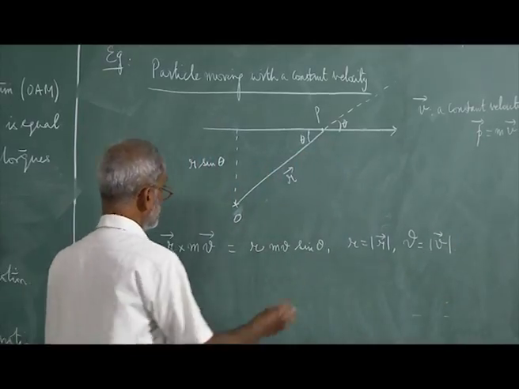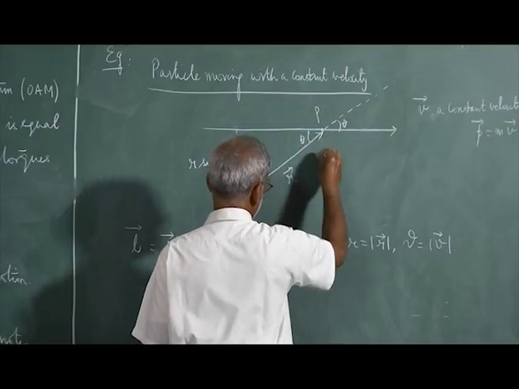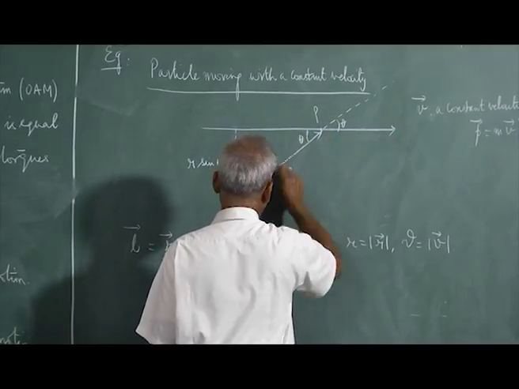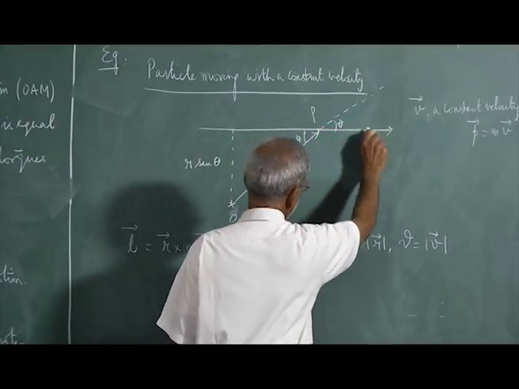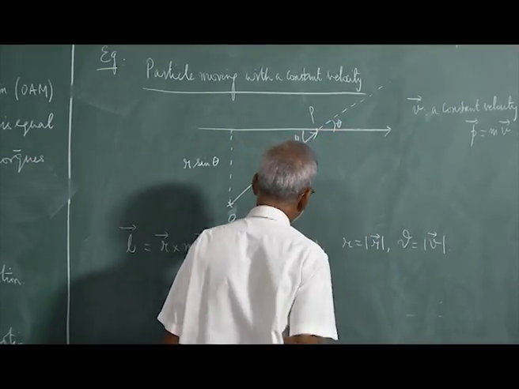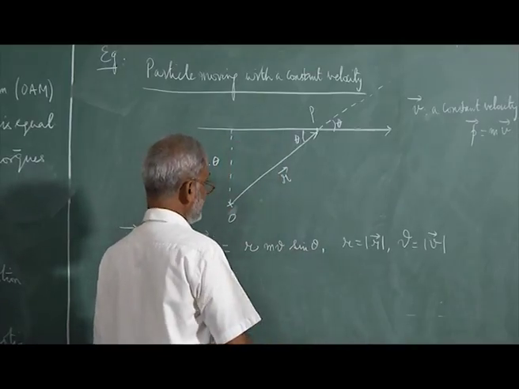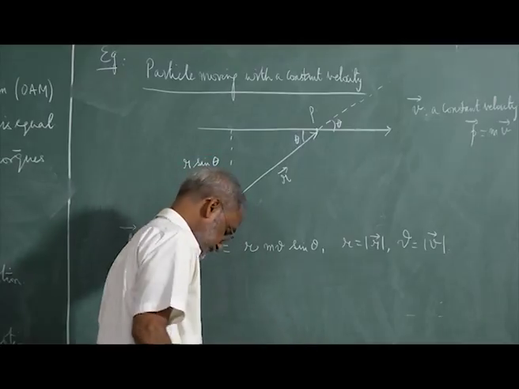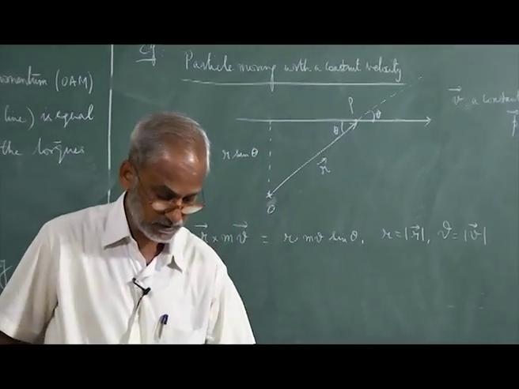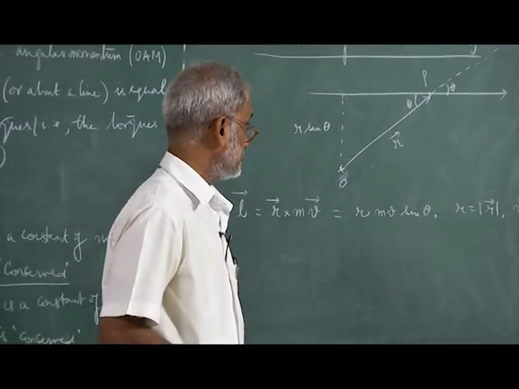What is its direction, sir? This is the direction of the position vector, and momentum is along this. Therefore, when I take the right hand thumb rule, I will look into the smaller angle, and so the direction is what?